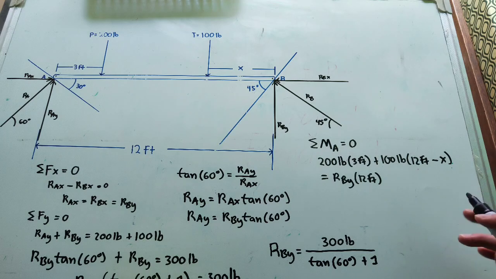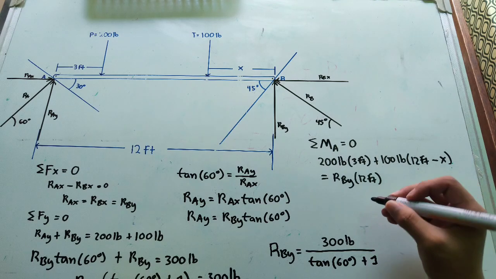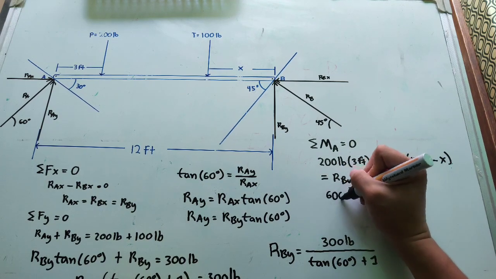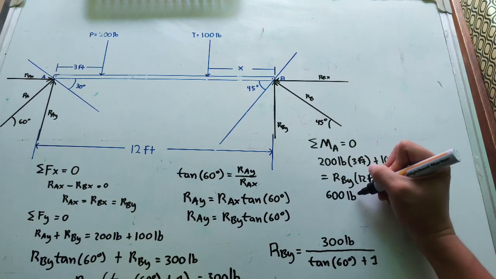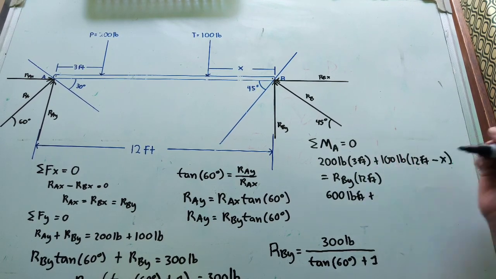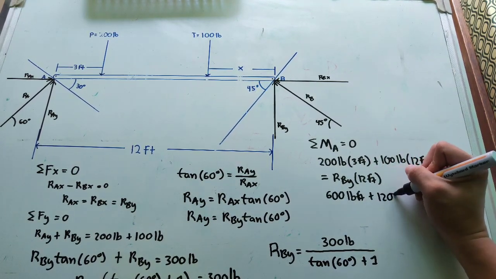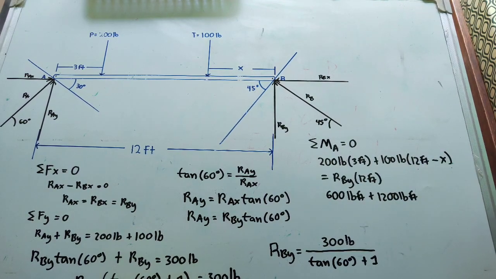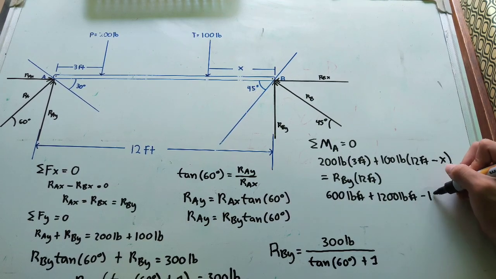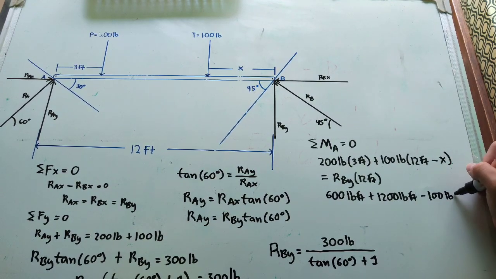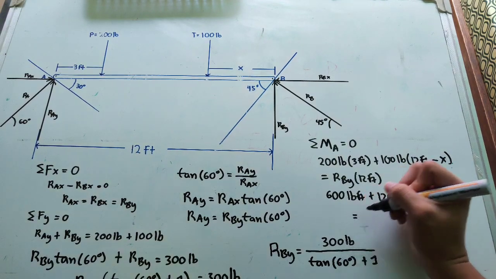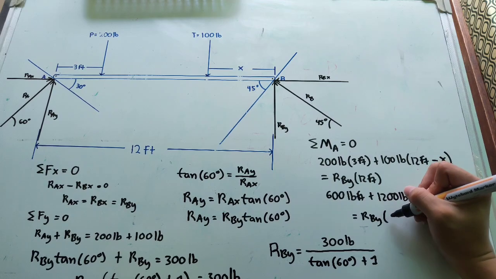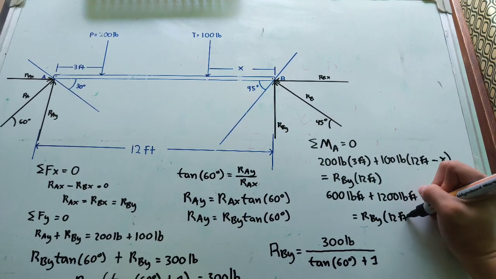So isolating x, we have 200 pounds times 3 is 600 pound-feet plus 1,200 pound-feet minus 100 pounds x is equal to RBY times 12 feet.